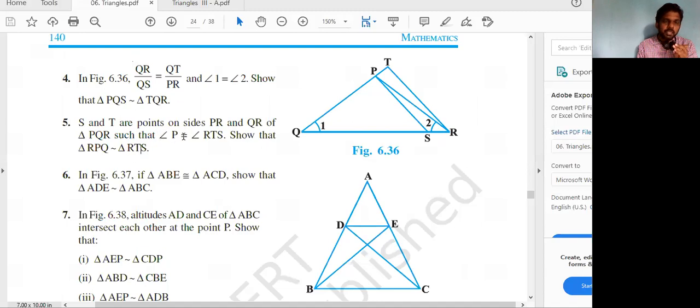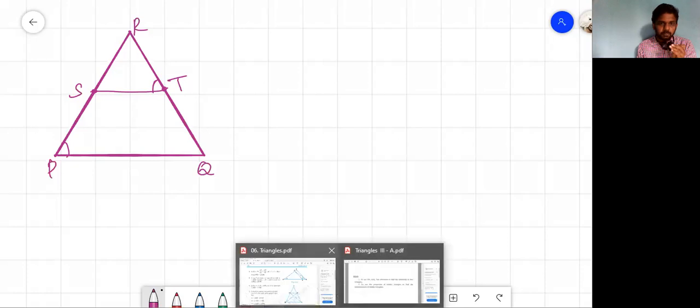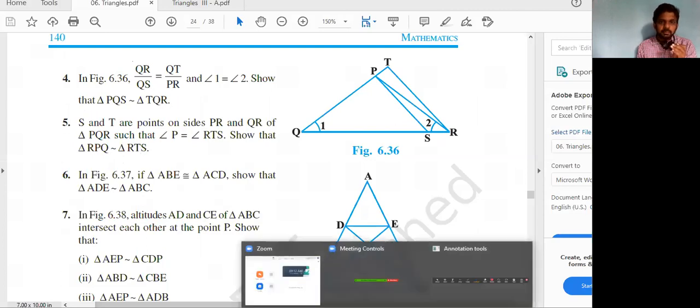So such that angle P is equal to angle RTS. So angle P is here, which is equal to angle RTS, which is here. Show that triangle RPQ is similar to triangle RTS.